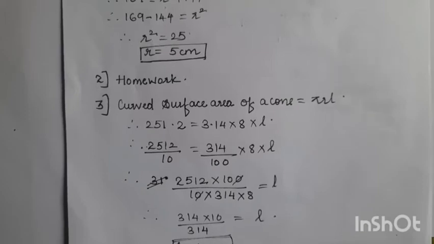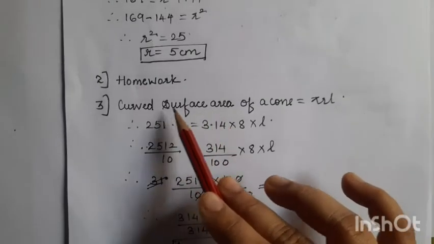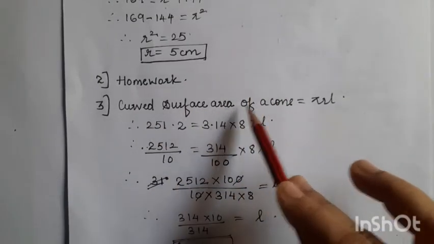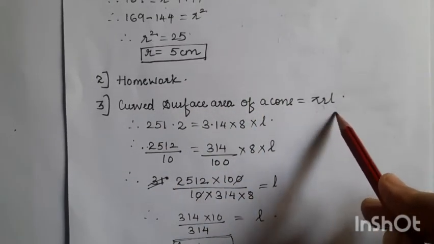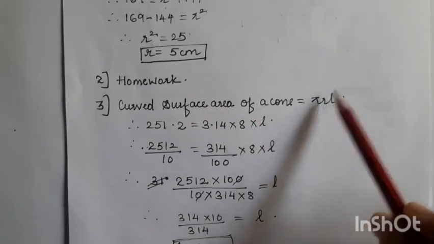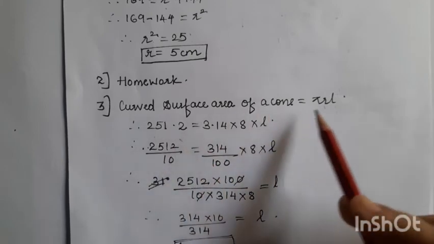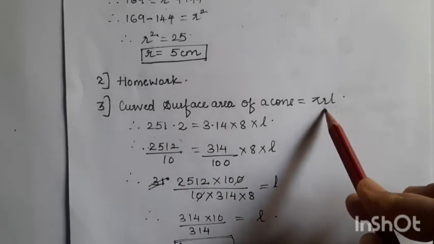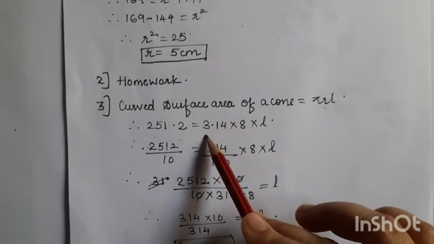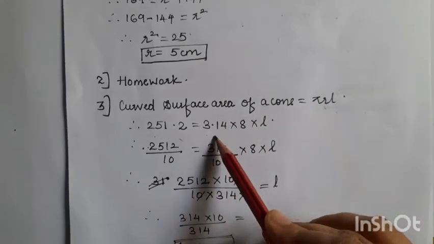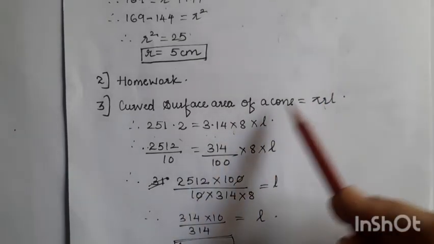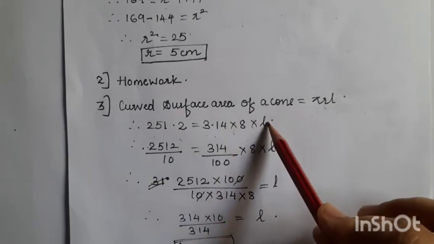So let's begin first. The formula for curved surface area of a cone is pi r l. The curved surface area is 251.2. Pi value is already given to us as 3.14 in the question, so you have to take that value itself, multiply by r which is given as 8, and L is unknown.